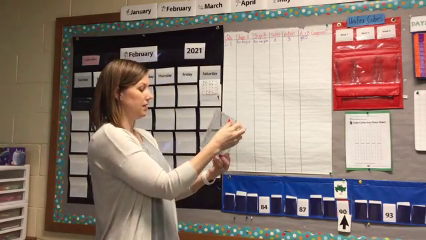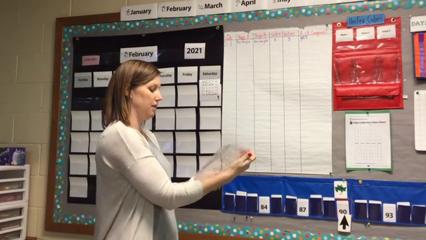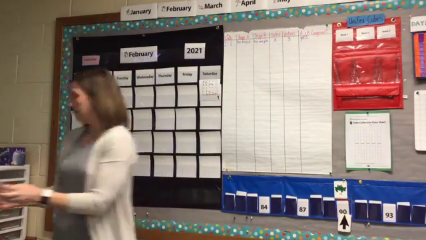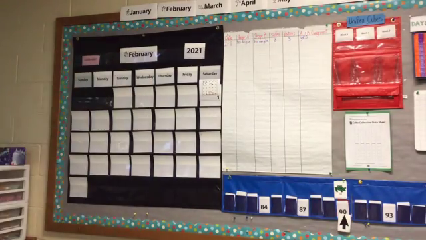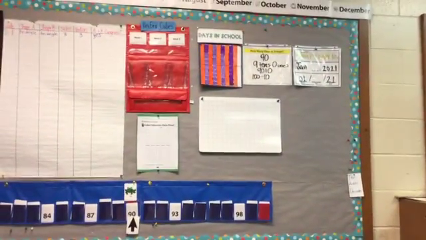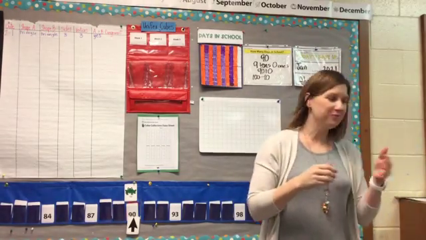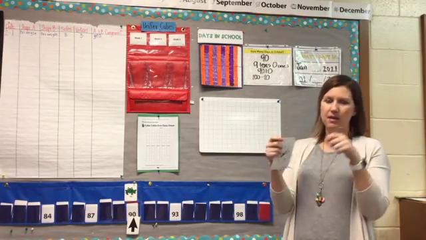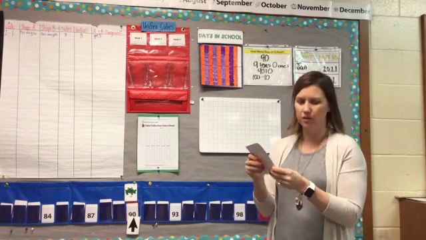So we can see that they are the same size and the same shape. It's kind of hard for me to show you that when you're at home just through the iPad. If you were at school, you'd be able to make them and see it and hold it. So I'm sorry that was a little challenging to see.